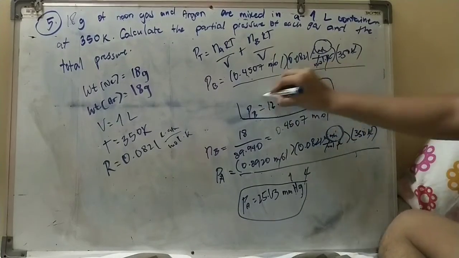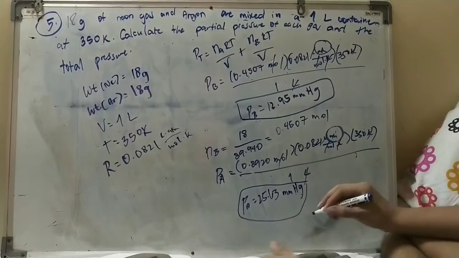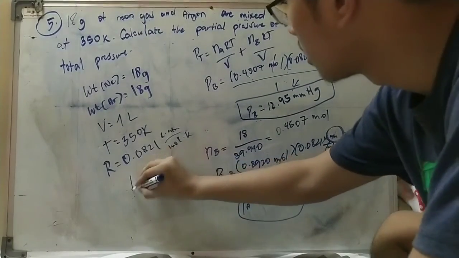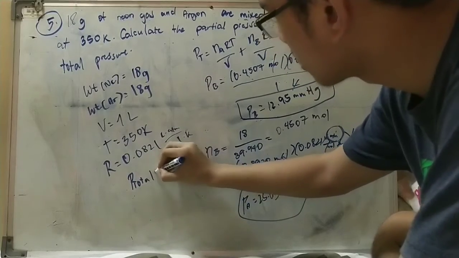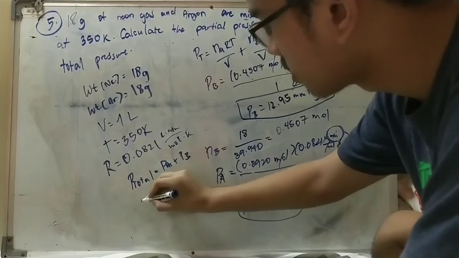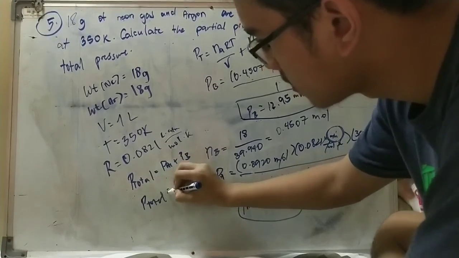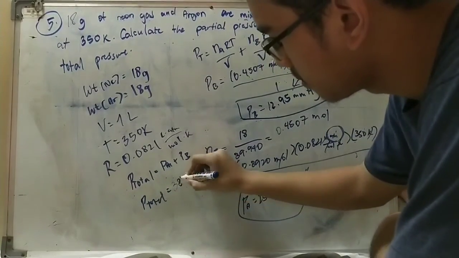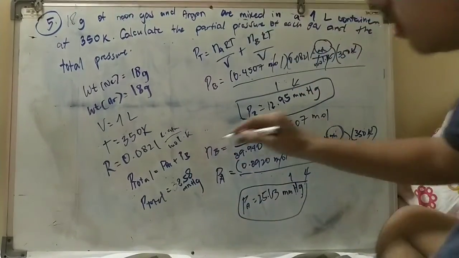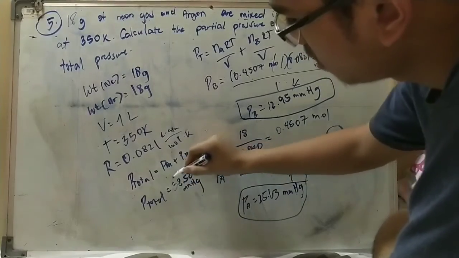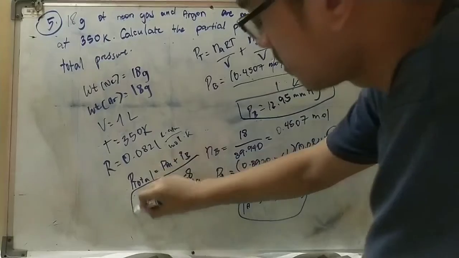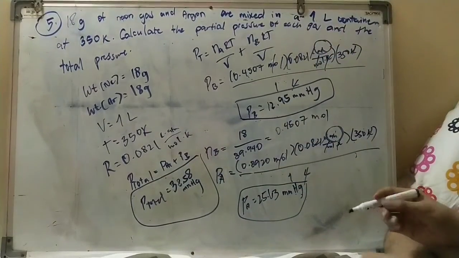Now, as I said earlier, to get the total pressure, you just need to add the partial pressures in the equation. So P total is equal to PA plus PB. So our total pressure is in mmHg. And that's it for Dalton's law.